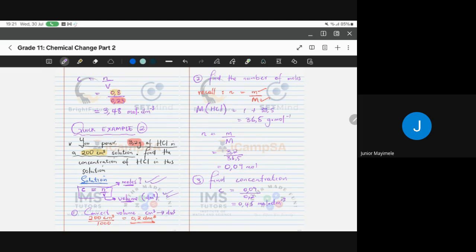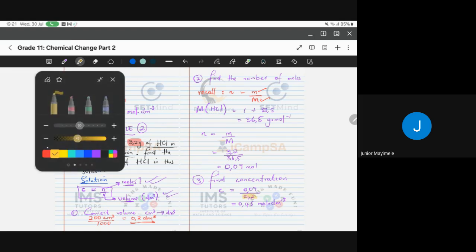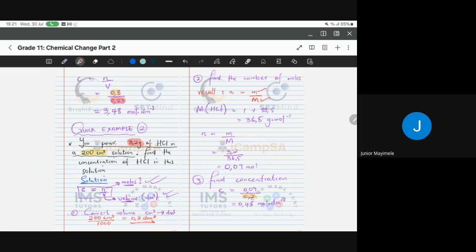Obviously, there's a second way of doing this, which is that formula I showed you. So now we have everything we needed. We have our volume, of course, we did that. This is our mass, and then we translated it to the number of moles.